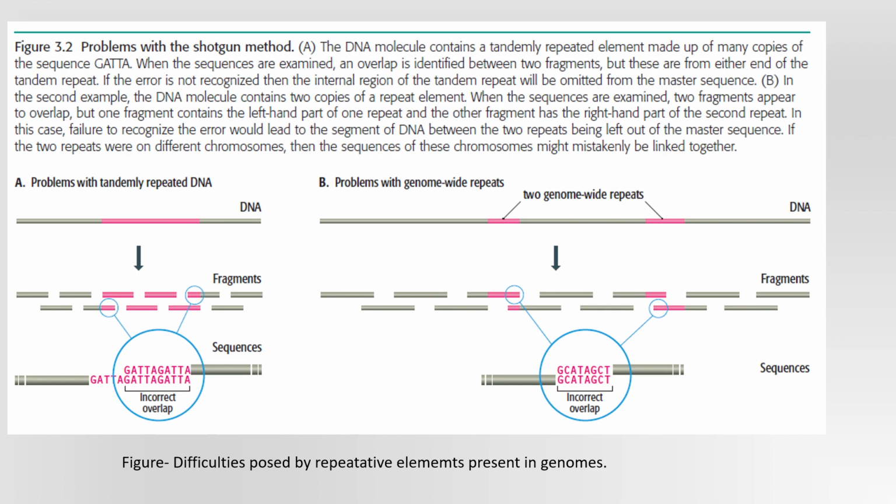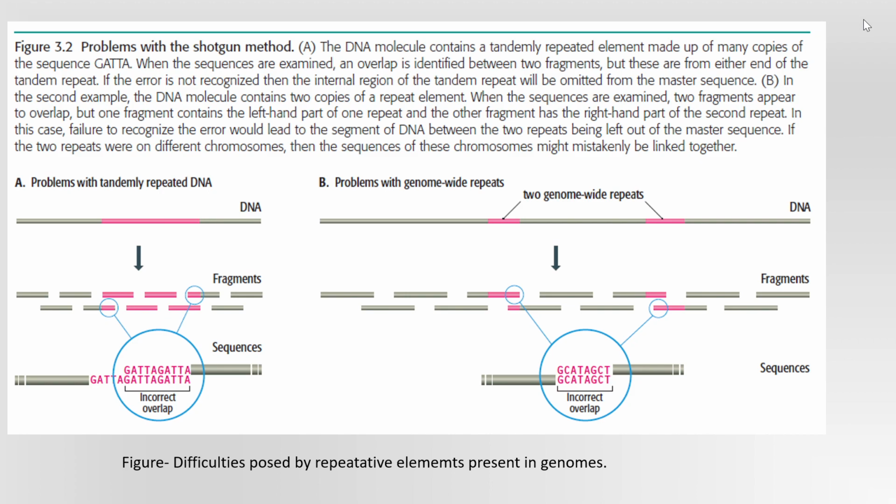And during assembly, you sometimes get problems because of the presence of lots of repetitive elements in plant species. In plant species especially, around 60 to 70% of the genome is various kinds of repeats, as in higher eukaryotes.